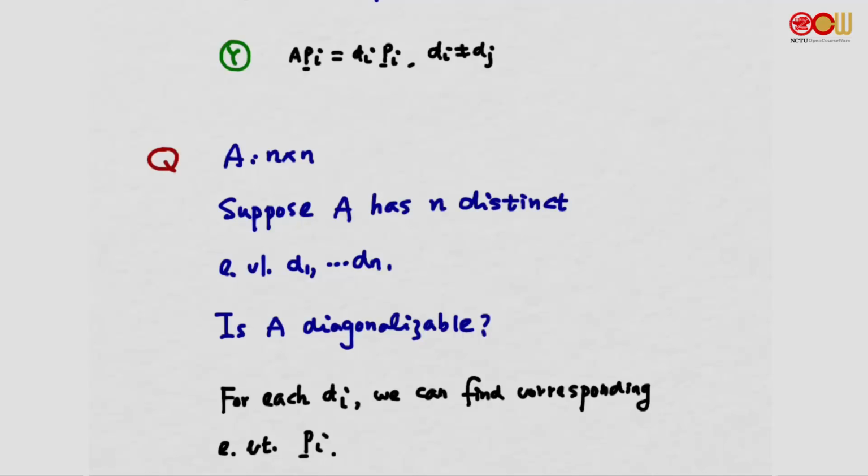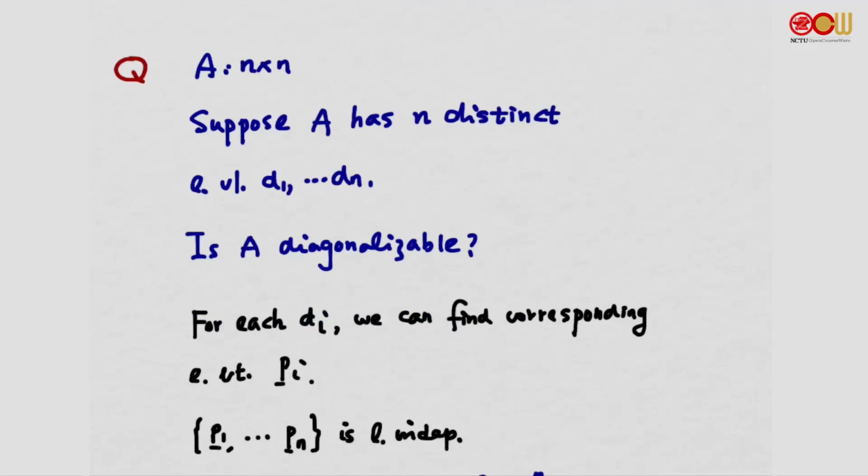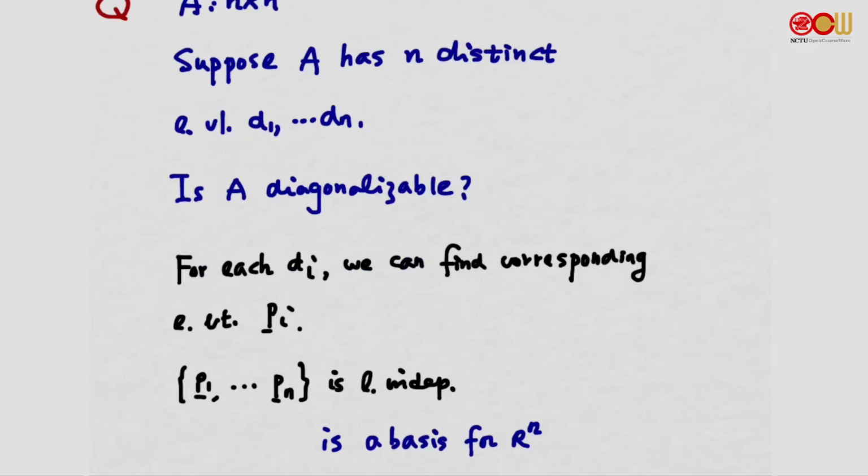By the definition of eigenvalue, if we're given an eigenvalue, we can find a non-zero solution to the homogeneous equation corresponding to that eigenvalue, and then we can find the eigenvector. And all these pi vectors, when we put them in a set, are linearly independent because they all come from different eigenspaces. So indeed, these pi will form a basis for Rn, and A will be diagonalizable.